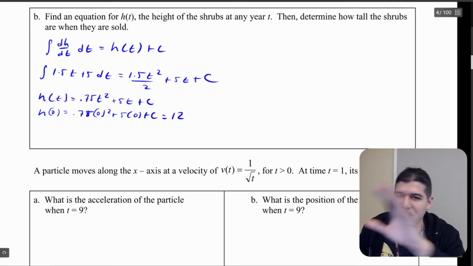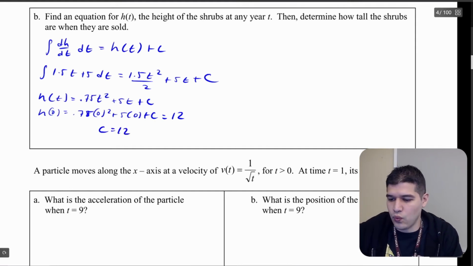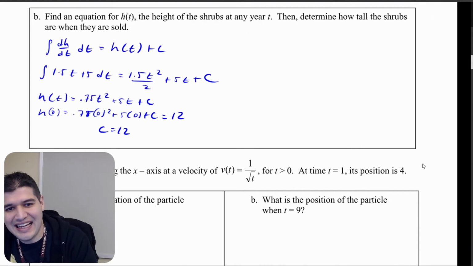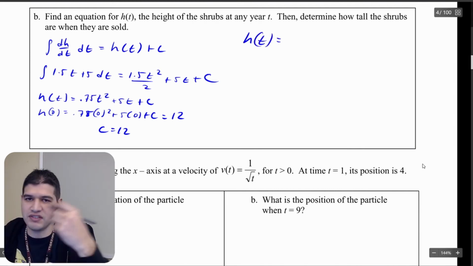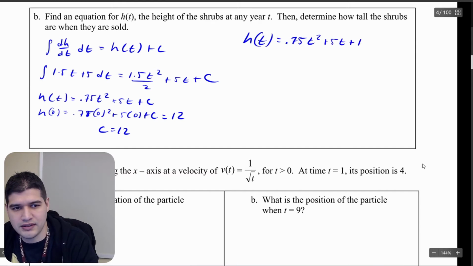Since everything gets multiplied by 0, we know that c equals 12. So my true function for h of t is going to be 0.75t squared plus 5t plus 12.